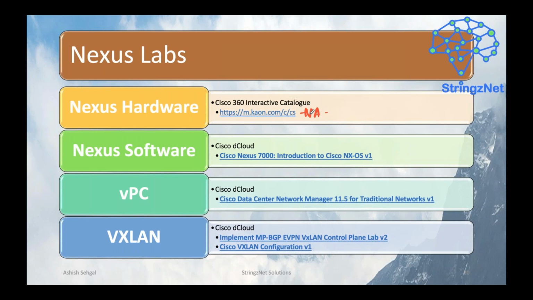This used to be an online tool with the help of which we were able to navigate our Nexus hardware. So I will be just explaining Nexus hardware by showing you the pictures. Otherwise, it was a very beautiful tool, an interactive catalog. It used to be there.